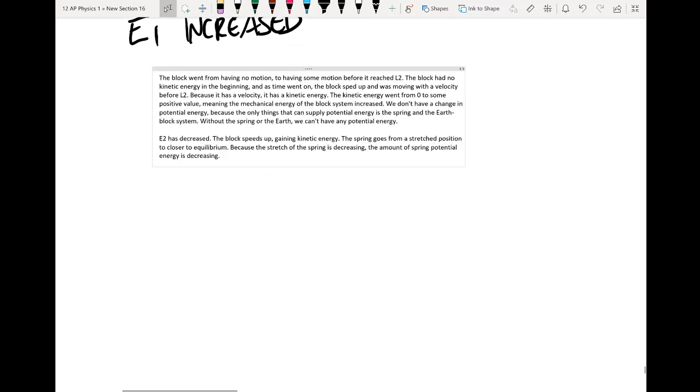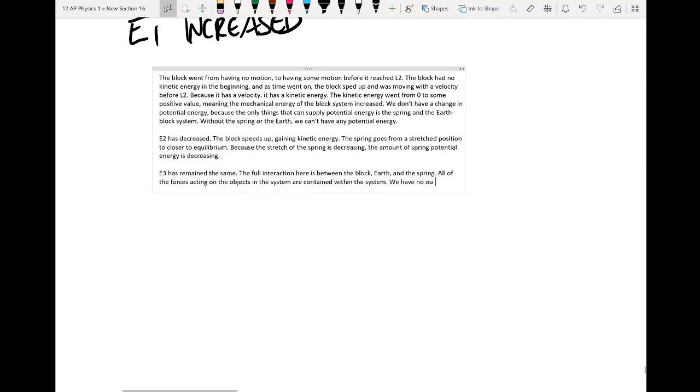And then for 3, E3 has remained the same. The full interaction here is between the block, Earth, and the spring. All of the forces acting on the objects in the system are contained within the system.